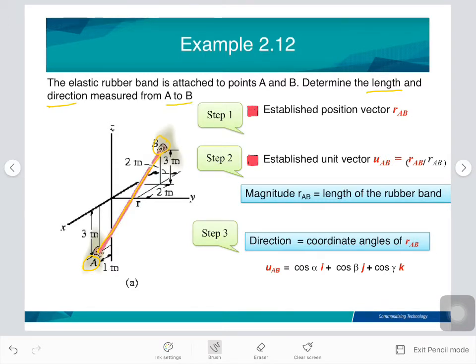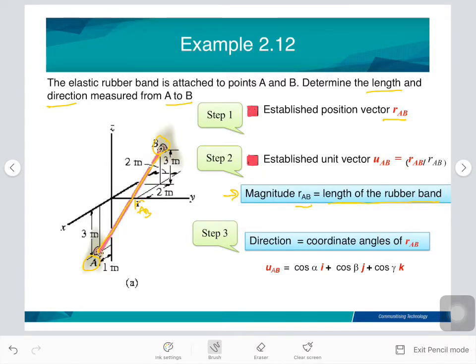So now we can implement the position vector, because we understood that the position vector RAB represents the rubber band from A to B. After we determine the position vector, its magnitude RAB is equal to the length of the rubber band.